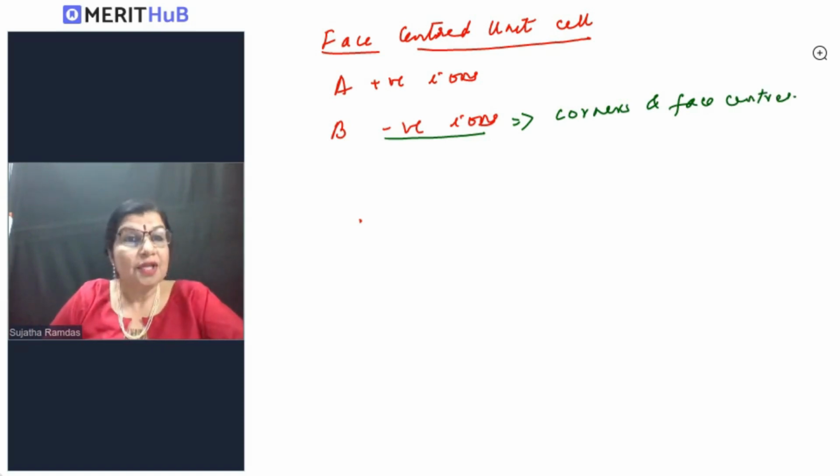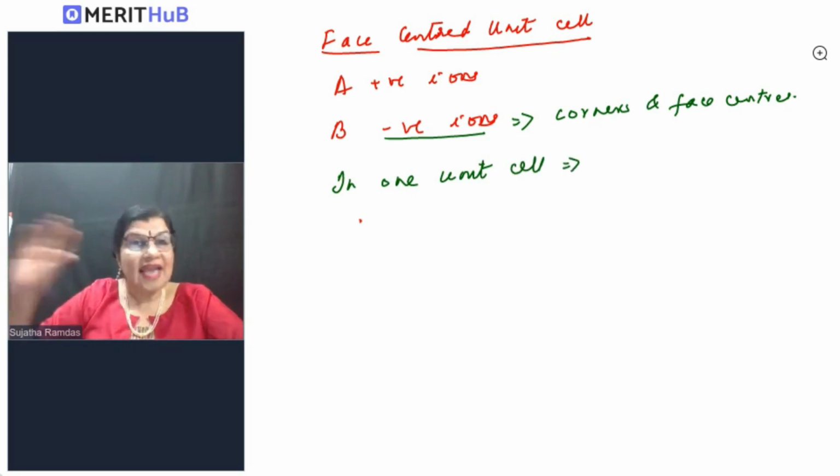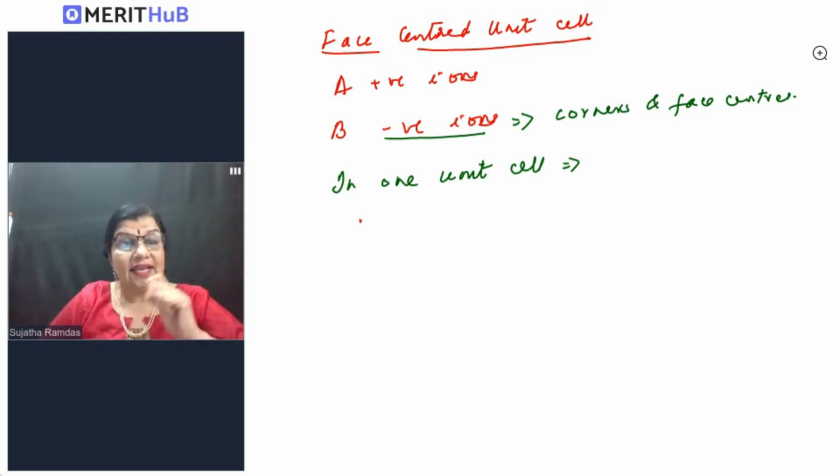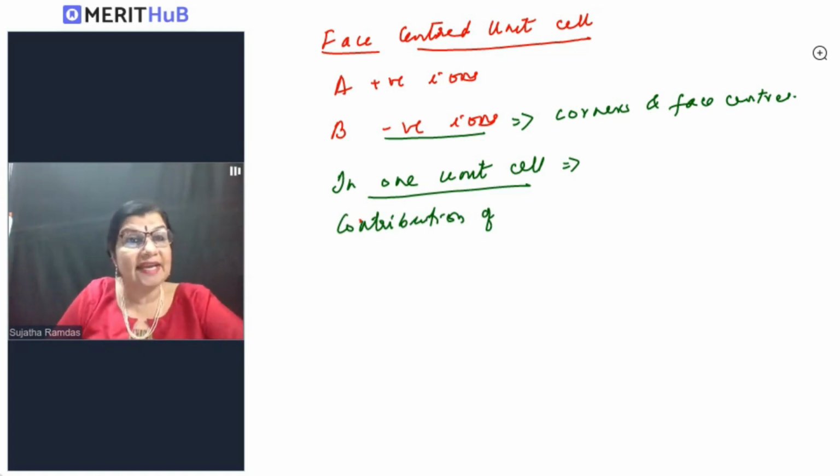Now you know that in one unit cell, there are 8 corners. Each corner of a unit cell is shared by 8 other unit cells. So in one unit cell, what is the contribution of the negative ions? The negative ions are occupying the corners and face centers.